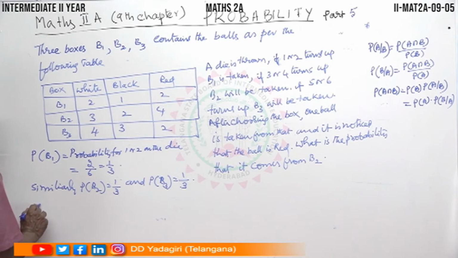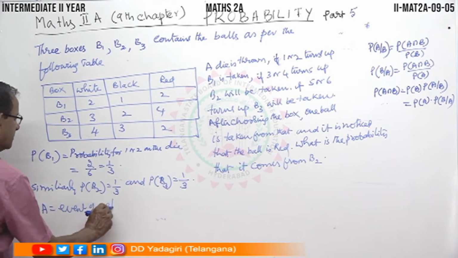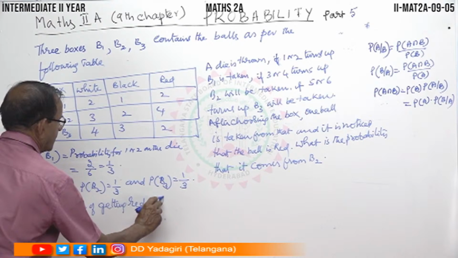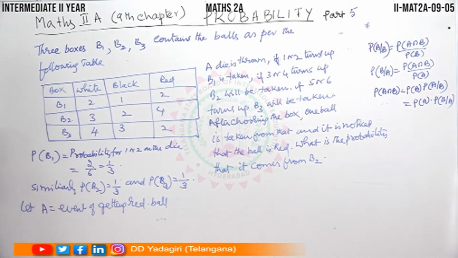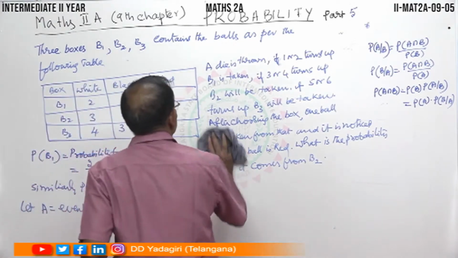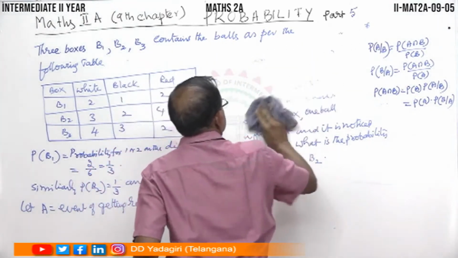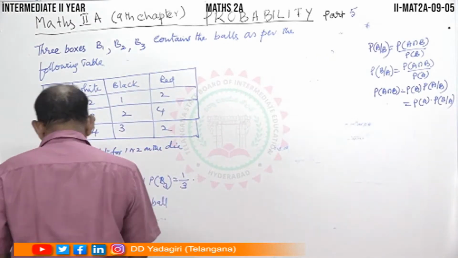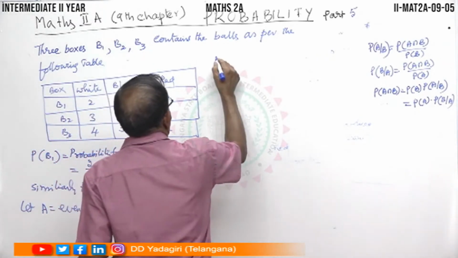Now let us find out. Let A be the event of getting a red ball. Let us take that event as A. What is P of R given B1?